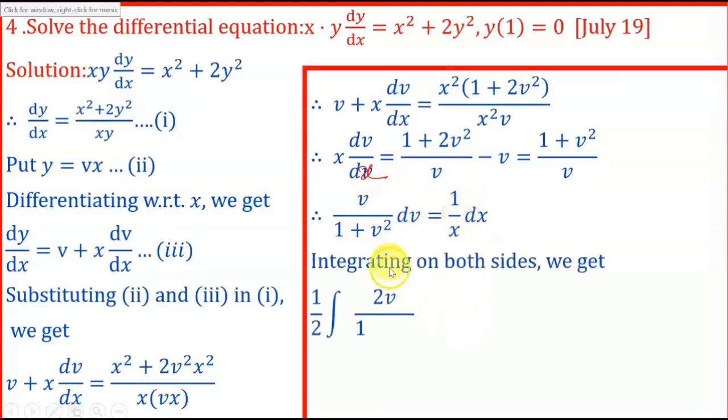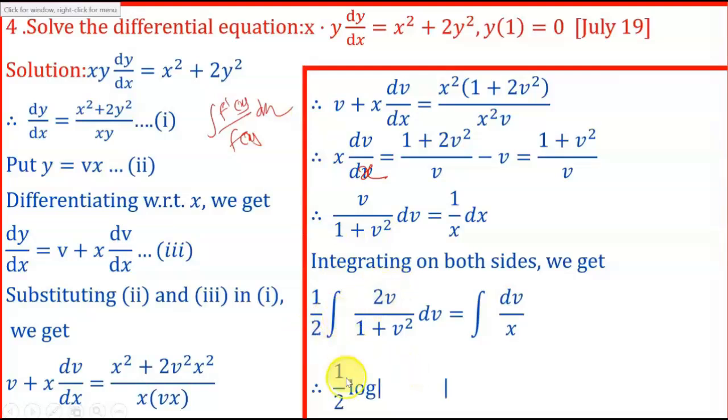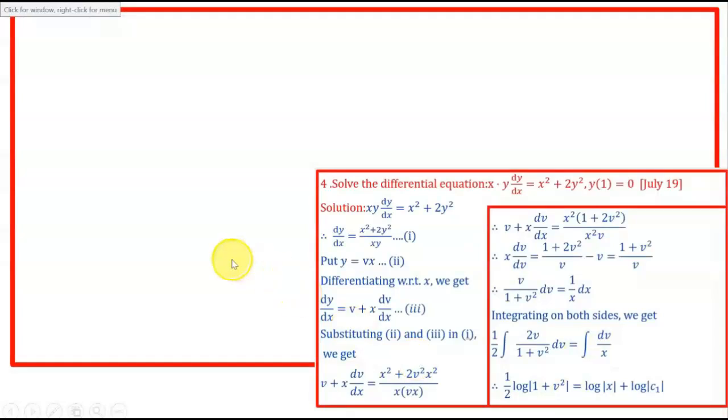Integrating on both sides, we know it is again of the form integral of f dash of x upon f of x into dx. But what is the derivative of 1 plus v square? It is 2v. Therefore, we have to adjust here by 2 in the numerator and denominator. Therefore, 1 upon 2 log of mod of (1 plus v square) is equal to log of mod of x plus log of mod of c1. See this here.